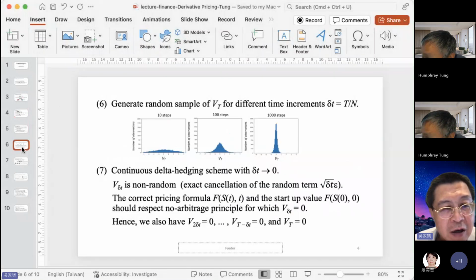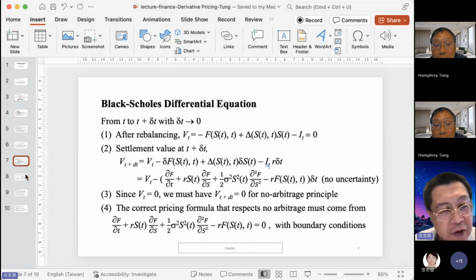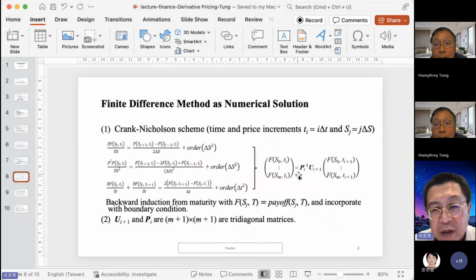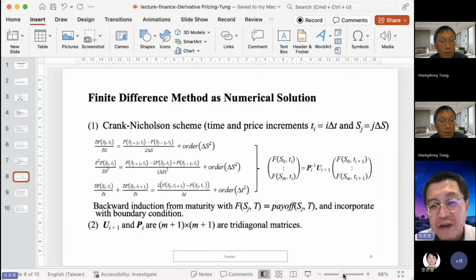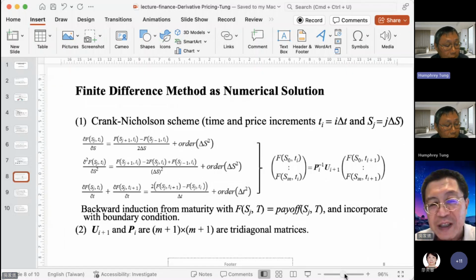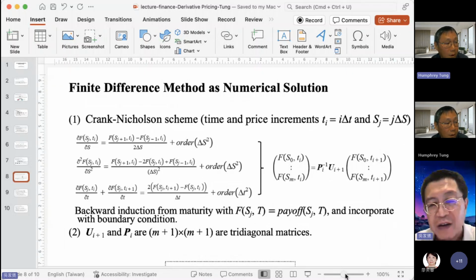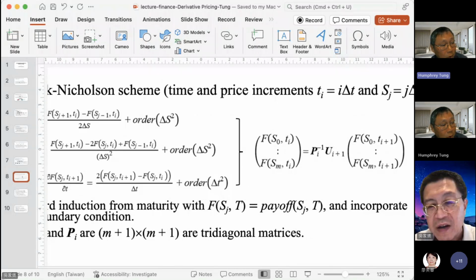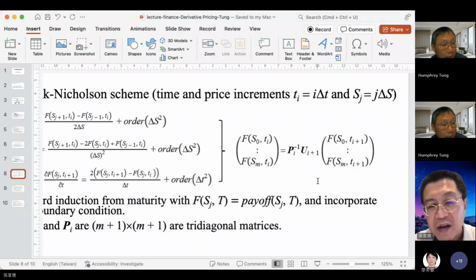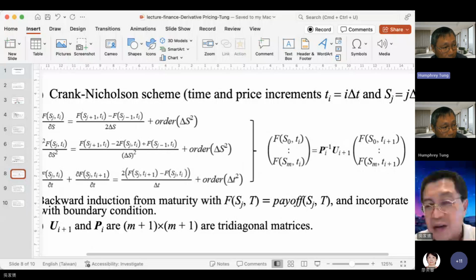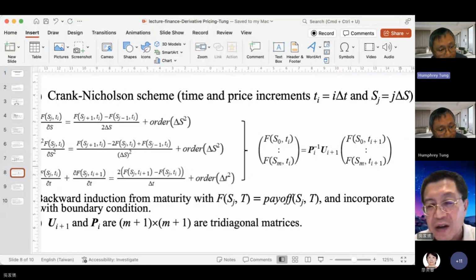Another question is you talk about this P and U matrix, right? I haven't put in the detail. If you follow the calculation on the left hand side, I try to approximate the partial derivatives, then plug back into the fractional differential equation and organize a little bit.